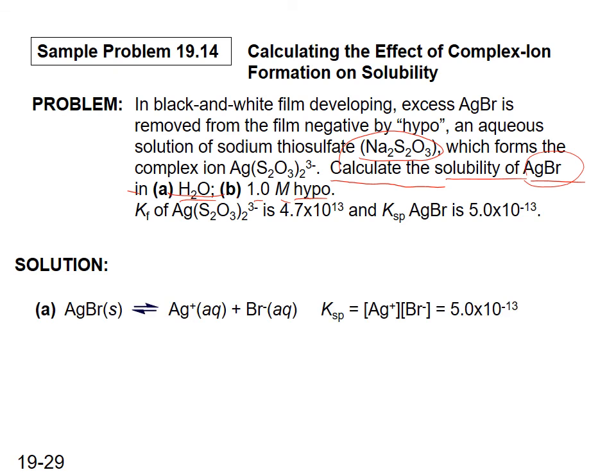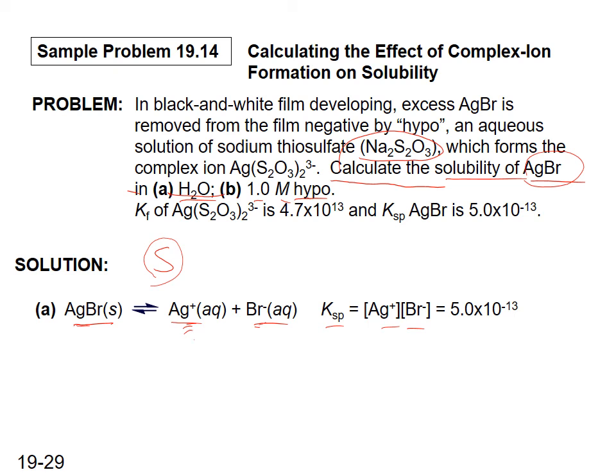Silver bromide, okay, in water. So small amount of silver bromide goes into water and becomes 2 ions. Okay, so there's an equilibrium between the solid and the ions, and Ksp is the product of the 2 ions. To calculate the solubility, we assume it is S. Solubility is S, and this is the amount of silver bromide that goes into the solution and becomes the 2 ions.